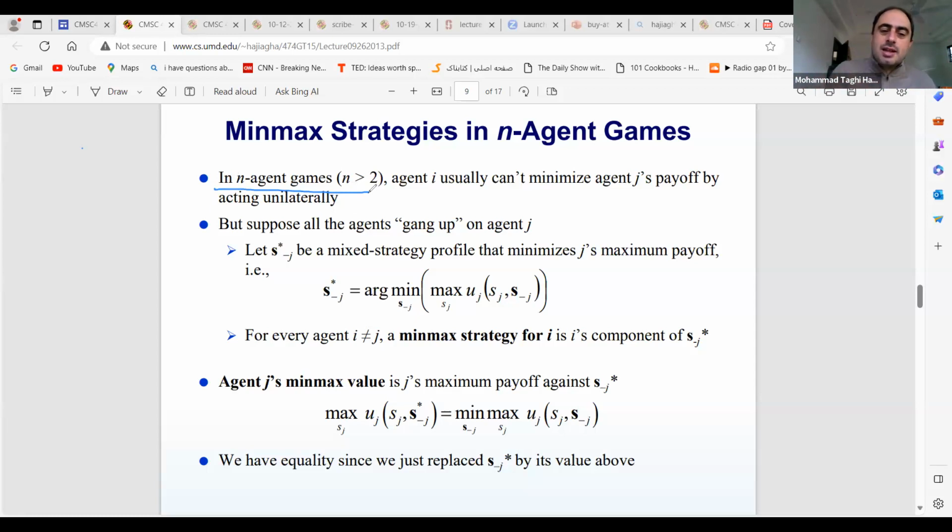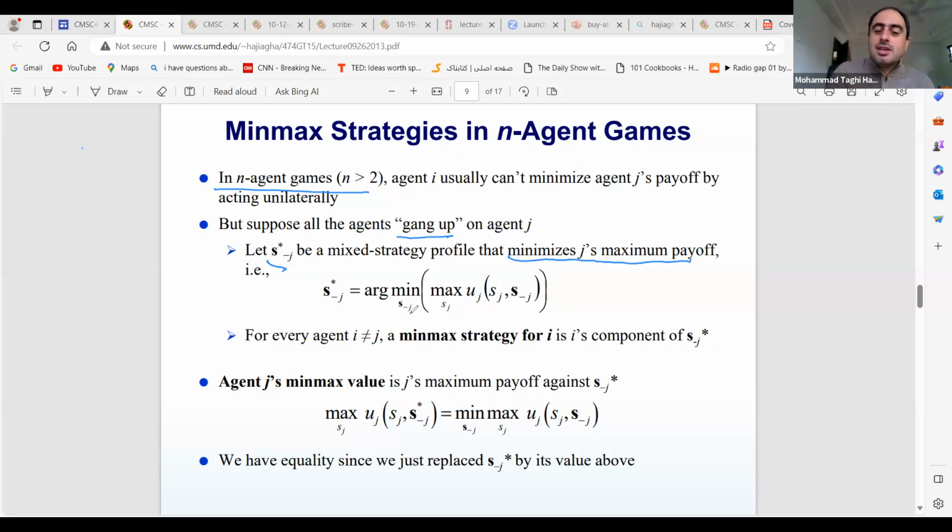So that's the issue that we need to use the idea of gang up. Essentially, a set of agents may gang up against one particular agent. Here we define S star minus J, a mixed strategy profile that minimizes J's maximum value.